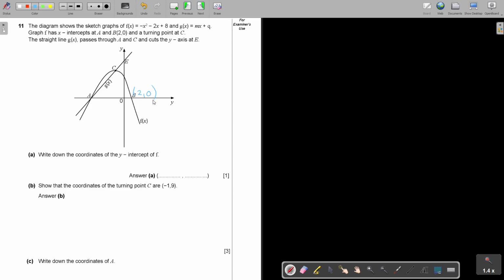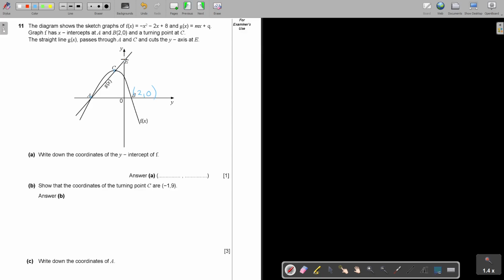And a turning point at C. The straight line g passes through A and C and cuts the y-axis at E. Okay, write down the coordinates of the y-intercept of f.